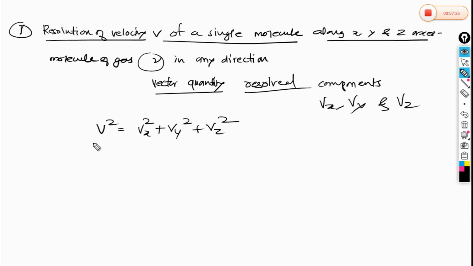So this is the velocity v, of three components. Now we can consider a motion of single molecule moving with the component velocities independently in each direction, along these three axes. So what is the second step?